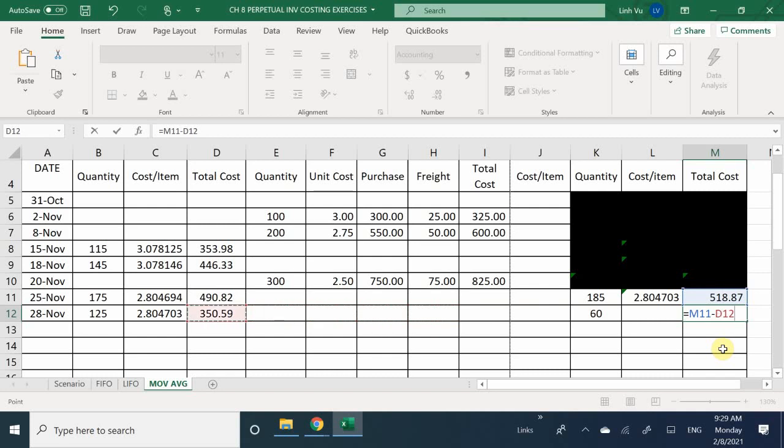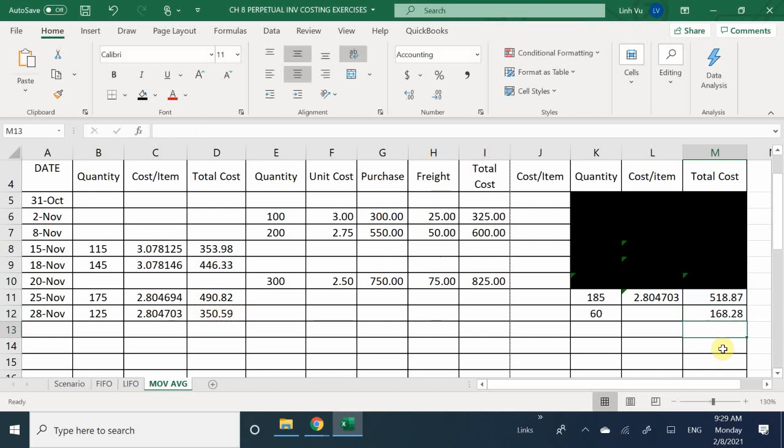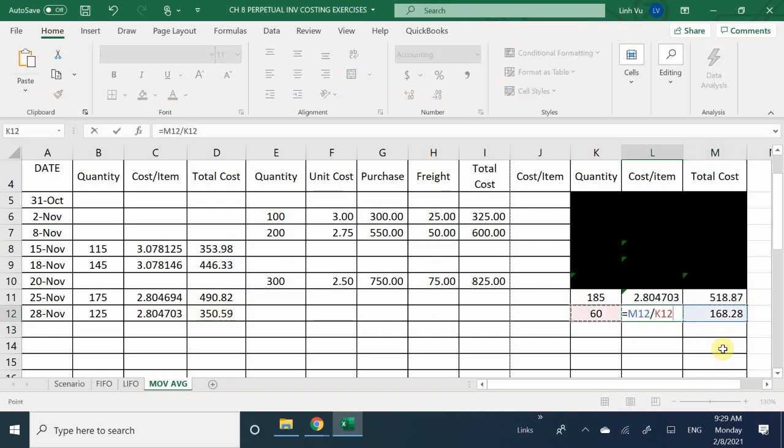All right. If I have 518.87, subtract out that 350.59, what should be my new total cost? 168.28. Good. And then lastly, what is my actual new average cost per item? 2.8046.